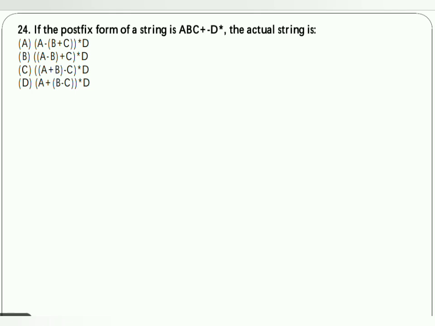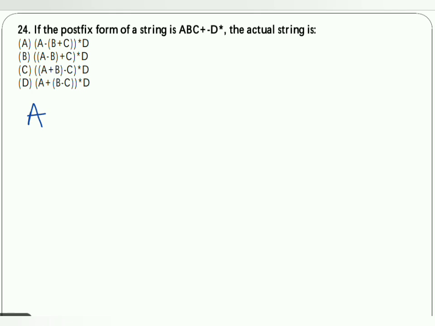If the postfix form of a string is ABC plus minus D into, the actual string is dash. So we have to find out the postfix form of each and every option here. Let us find the postfix of option A. What is option A?